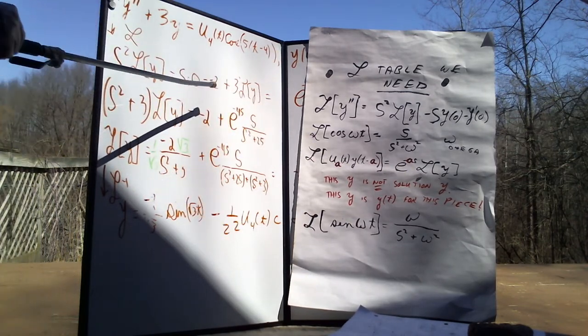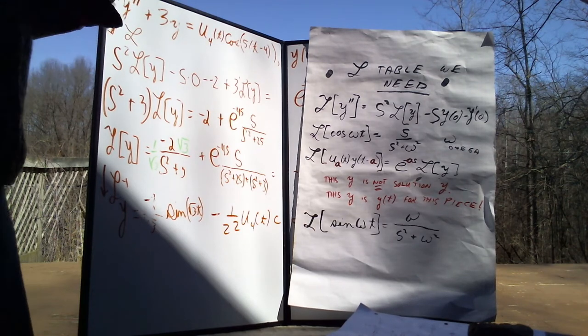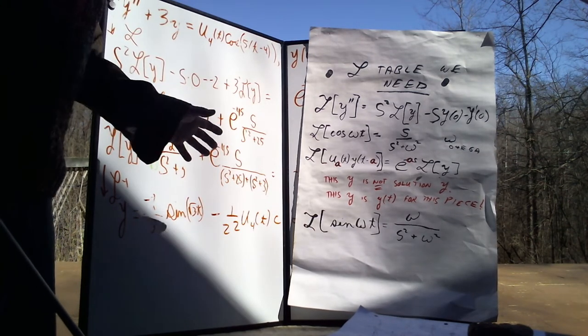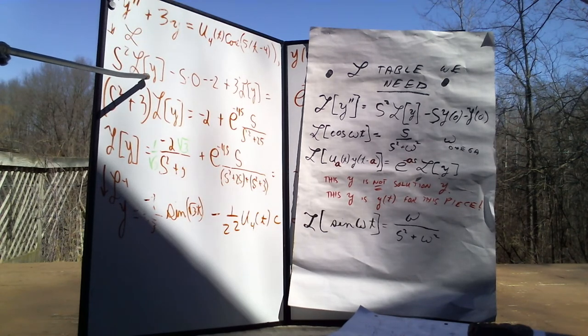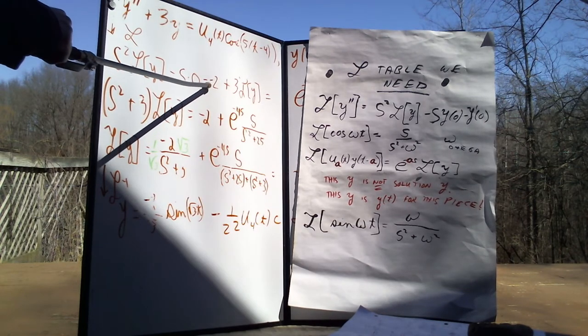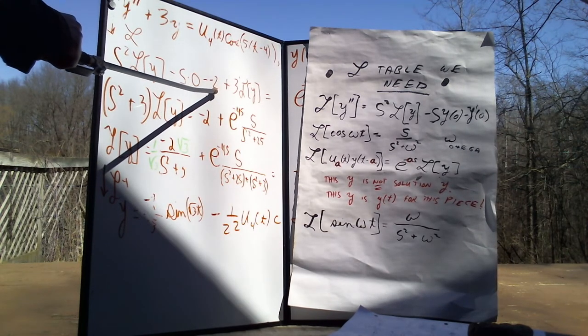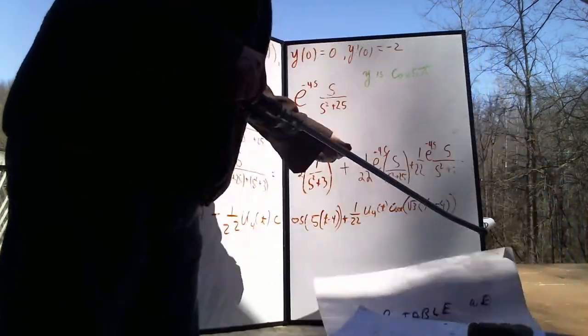So if you look at it, I've got the Laplace transform of y double prime, which the book does out for you. It's in the book. So the Laplace transform of y double prime is s squared L of y minus s times y of 0 minus y prime of 0. So on my problem here, hang on, we have initial conditions.